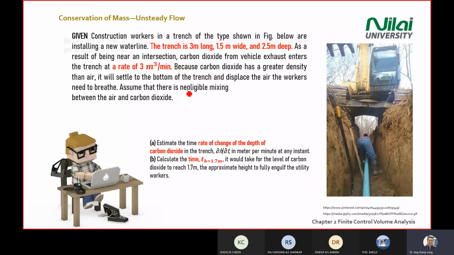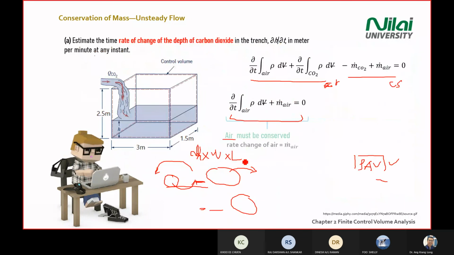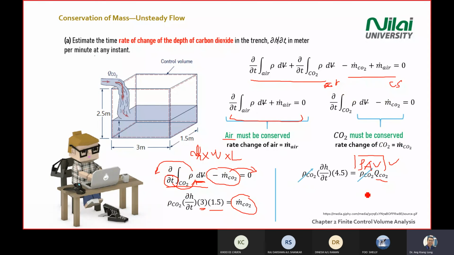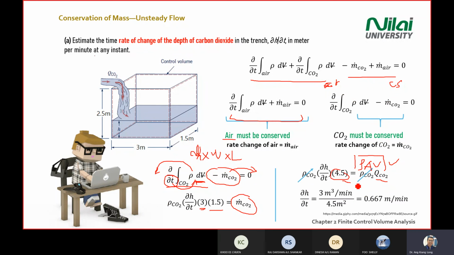You substitute the Q value, move this 4.5 to the right hand side, divide. So you take 3 divided by 4.5, you get 0.667 meter per minute. You get the change of your height because of the CO2.